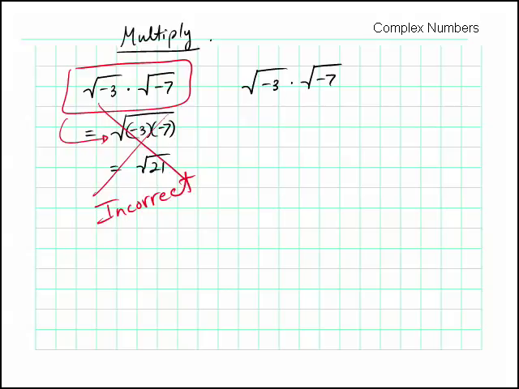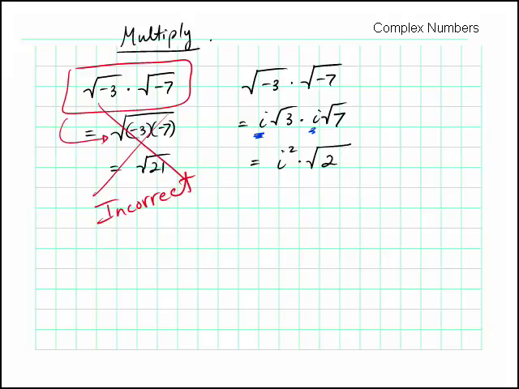Since I know that these are imaginary numbers, I have to write them with i's first. This is i square root 3, and this is i square root 7. I now multiply them together. I've got i times i, so that's i squared. I can multiply the radicals together now because they're positive 3 and positive 7.